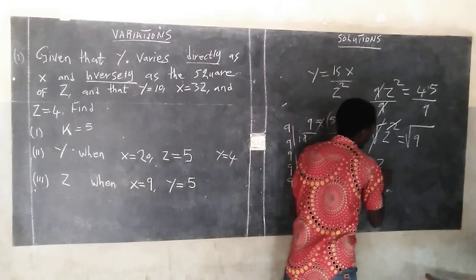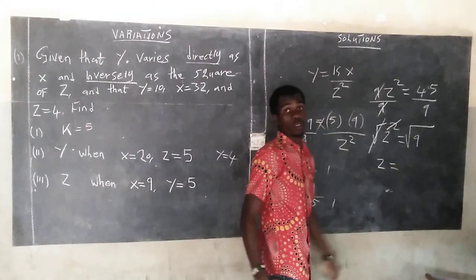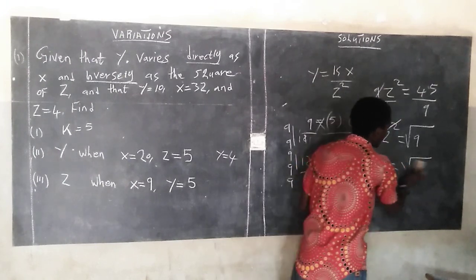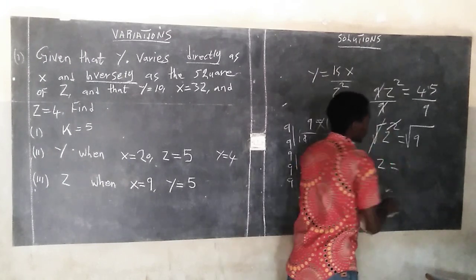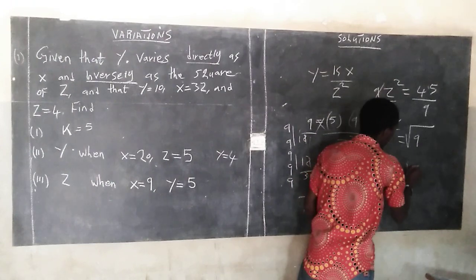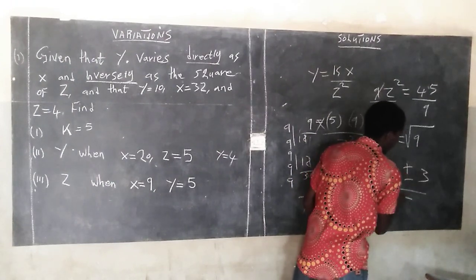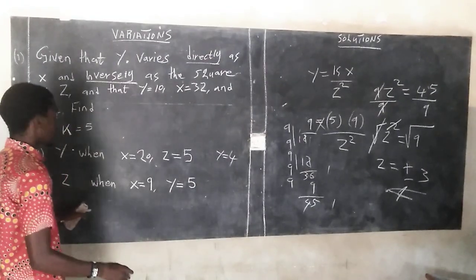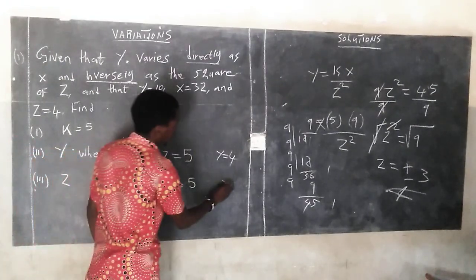This side we are going to remain with z is equal to, what's the square root of 9? The square root of 9 is 3. It's either positive 3 or negative 3. So this is our solution. Here the value of z is equal to 3.